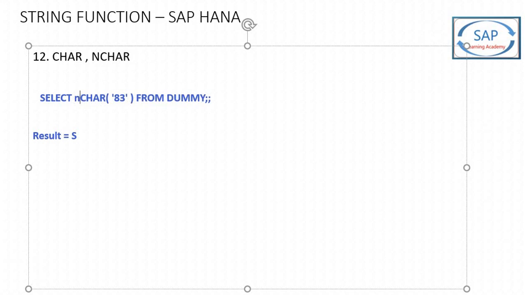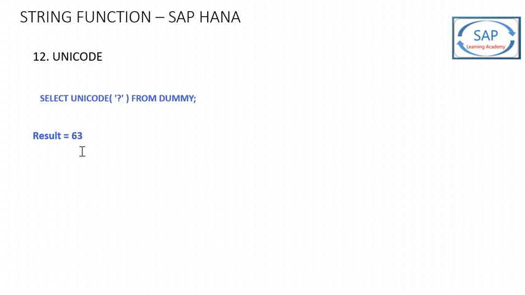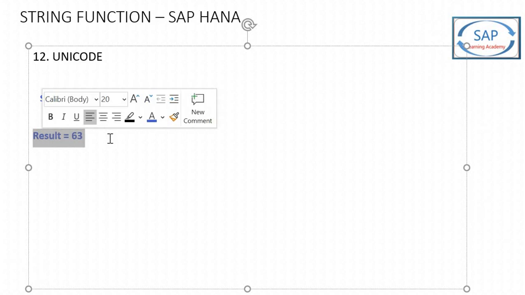You will not find much difference between them, but it is mostly used for Unicode characters. And now we are coming to the last one, UNICODE. UNICODE is mostly used for Unicode characters only. If you provide any Unicode value, its corresponding integer value will come in the result.